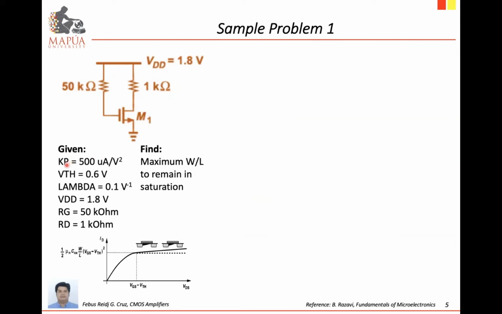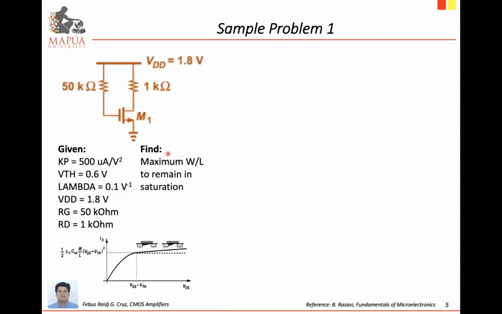The given parameters: the transconductance Kp equal to 500 microampere per volt squared, the threshold voltage VTH equals 0.6 volts, and lambda, the channel length modulation parameter, equal to 0.1 per volt. And again, you have the circuit parameters VDD, RG, and RD.